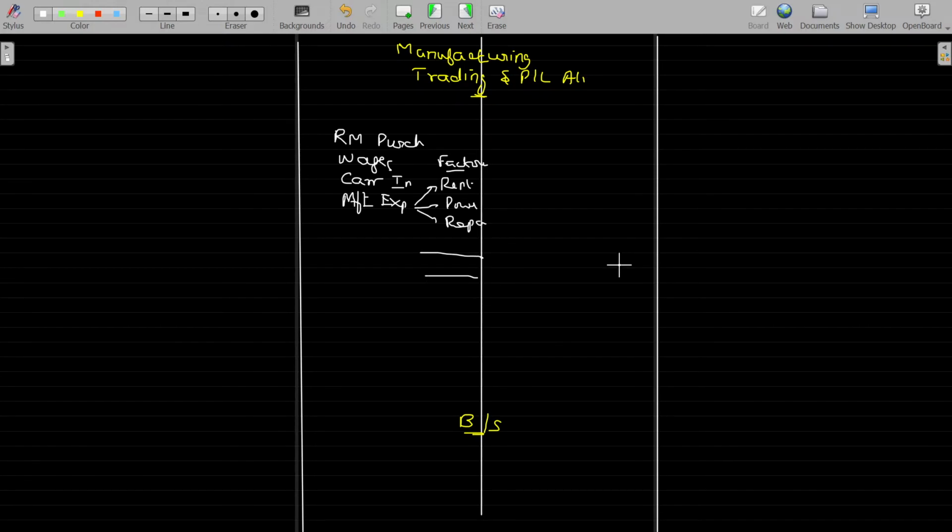Now on closure, in the factory while processing, some scraps may come in, right? If any scraps come in, then that will be credited here in the manufacturing account itself, right? Sale of scrap.